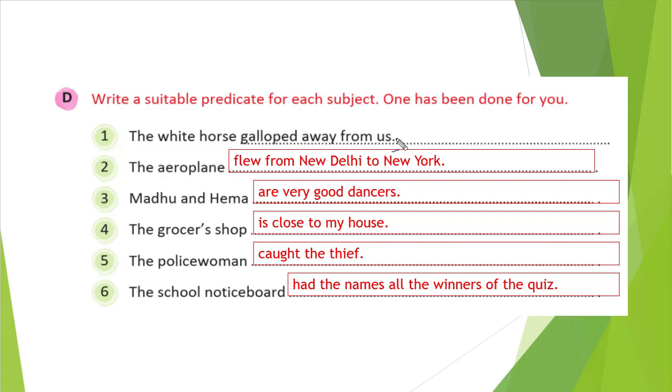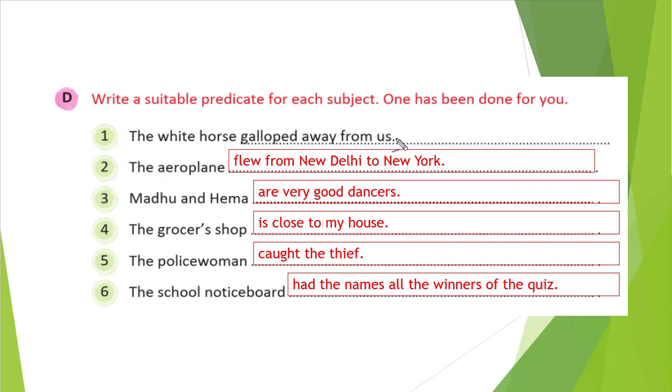In the place of galloped away from us, you can write something else. The white horse runs very fast, that also you can write. In the place of galloped away from us, you can write runs very fast. That is also a predicate, right?